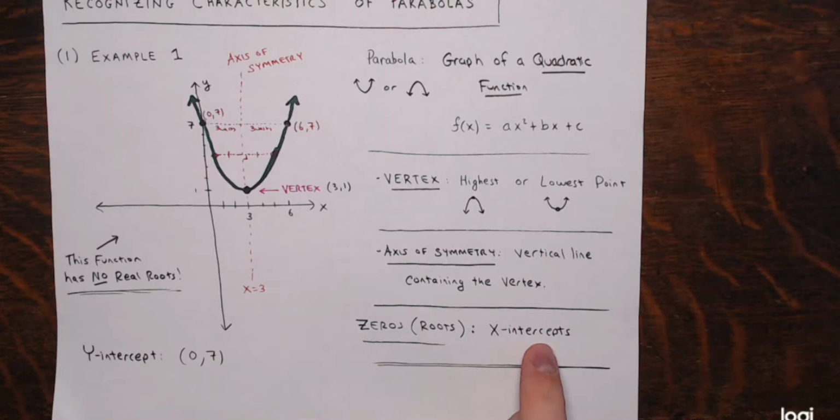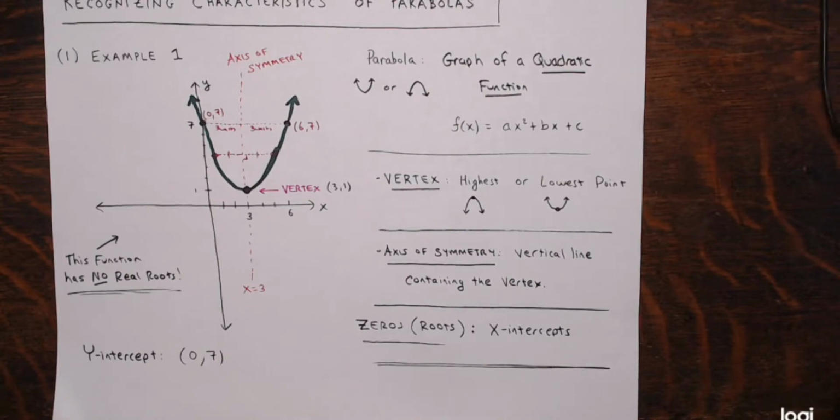Basically the rest of it is what are the intercepts. Does it hit the x-axis at all? Wherever it hits the x-axis, those are called zeros or roots of the function. You'll see both terms throughout other videos and other reading. And this one has no real roots. And then y-intercept, easy enough: when x is 0, where does the graph touch the y-axis?